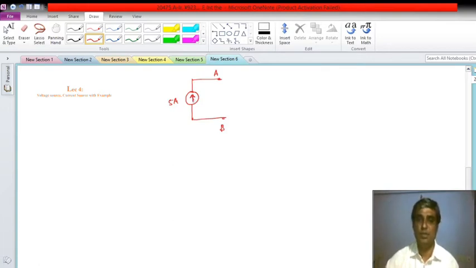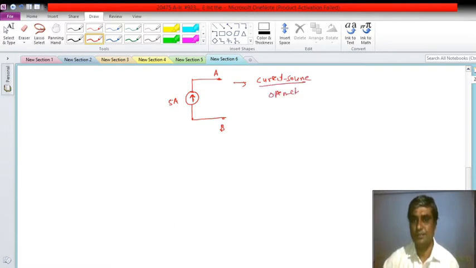The meaning of this arrow is that the current is going in this direction. Now suppose these terminals are open. Then I will say that my current source is open circuited. So what will happen here?